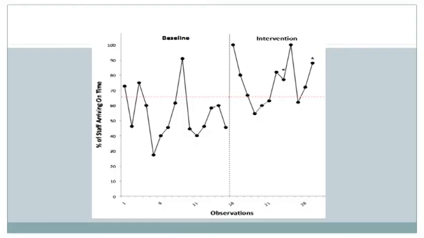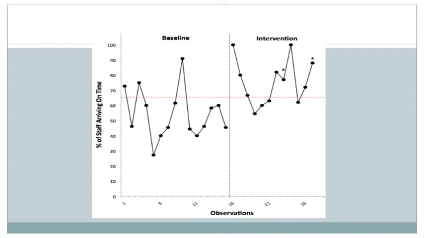So here we take a look at the data. What we have on the y-axis is the percentage of group leaders attending on time. It was quite variable, but what you see is that the average was hovering right around 50%. So not very consistent on-time attendance. When we started the intervention, we got this immediate effect that you often see, which somewhat trails away, and we weren't able to catch that improvement and provide incentives for it.